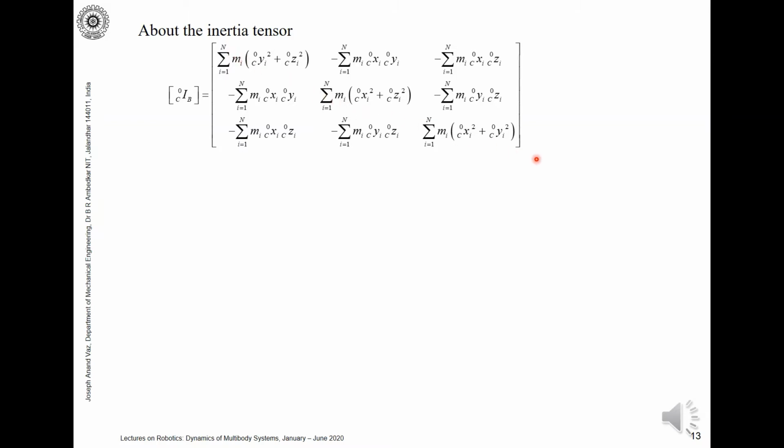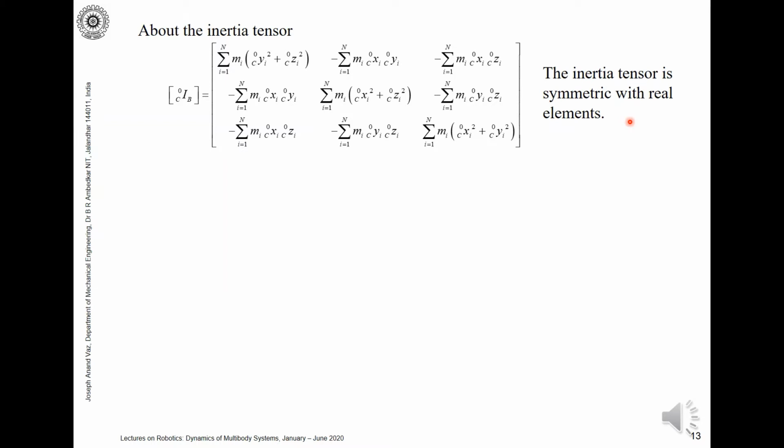The diagonal elements are here, they are the moments of inertia, and the off diagonal elements, you can see that it's a symmetric matrix. So this element is the same as this, and this element is the same as this element. You can also see that the diagonal elements are positive.